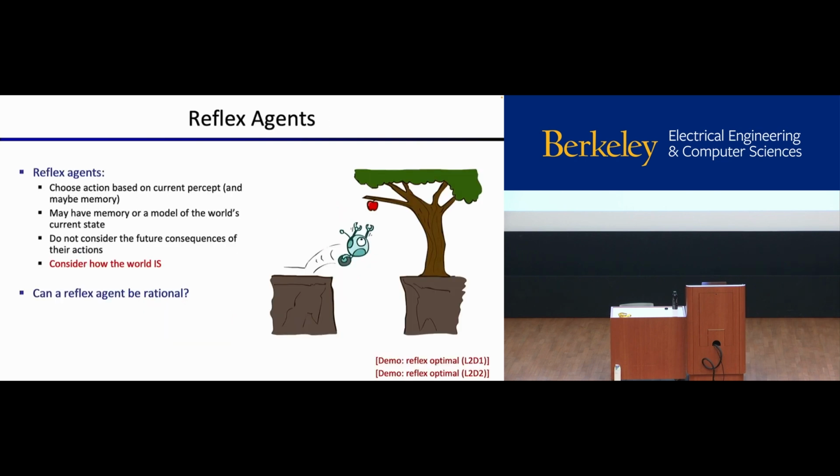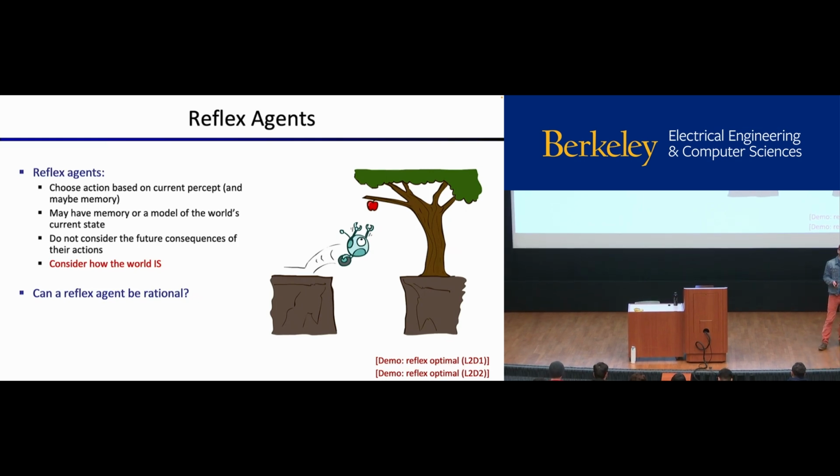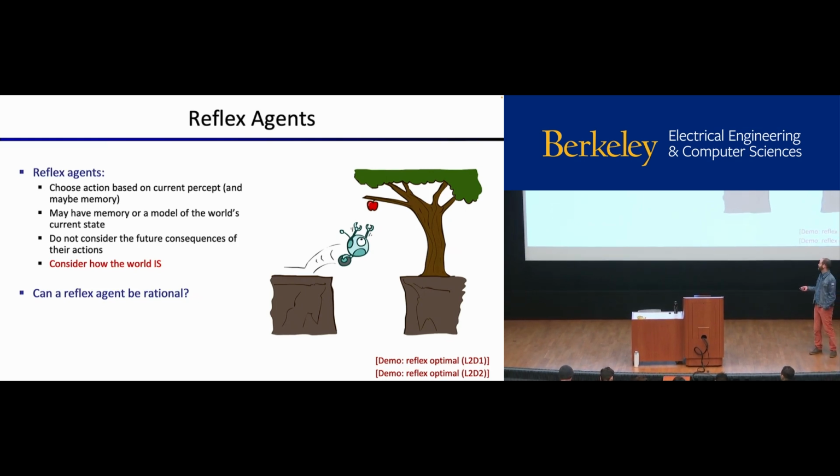So, a reflex agent is, we'll compare this to a planning agent. A reflex agent chooses an action based on its current percept and maybe its memory. Percept, like its perception, its observation of the world. And it may have memory or a model of the world's current state, but it doesn't consider the future consequences of its actions. It considers how the world is.